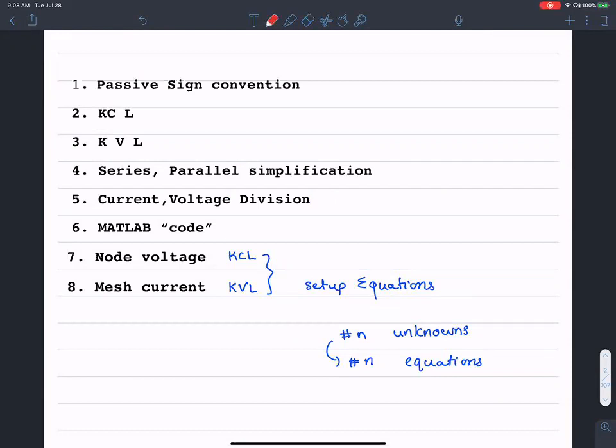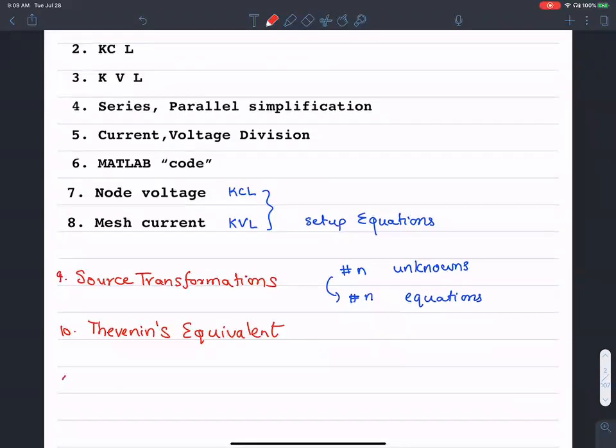Now we looked at source transformations, and then we looked at Thevenin's equivalent, and of course, Norton's equivalent.